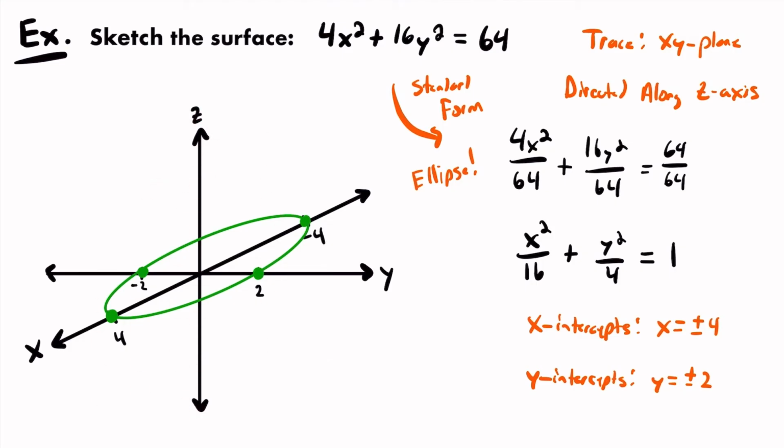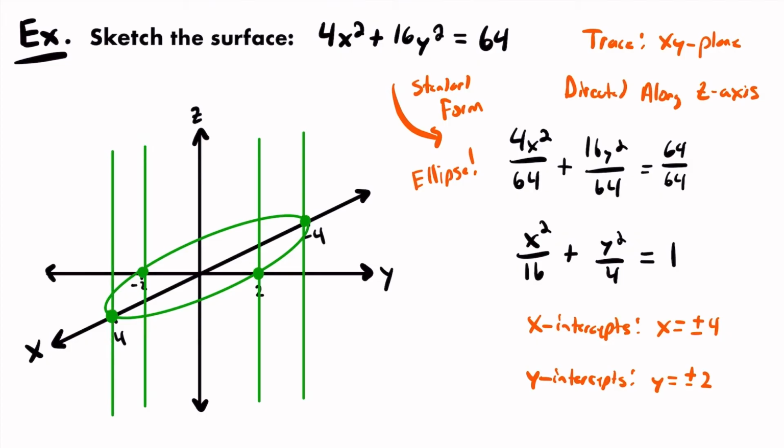All right, so that's what I'm going to do here. I'm going to draw a line parallel to the z-axis through each of those points that we drew along the x and y axes. And then, with the help of those parallel lines, we can draw a couple more traces of our ellipse here. We can draw one up here and one down here to really get a picture of the sketch of this cylinder.